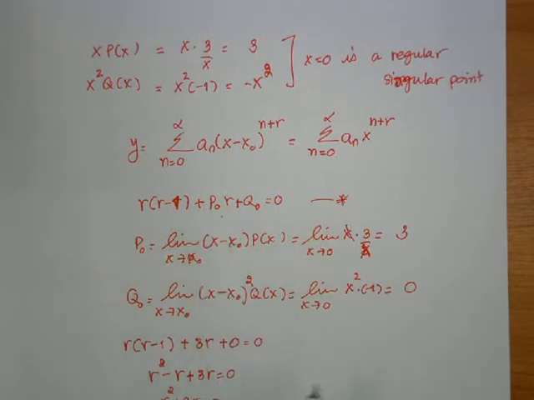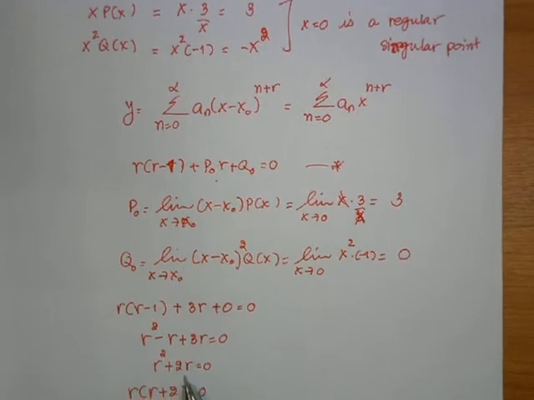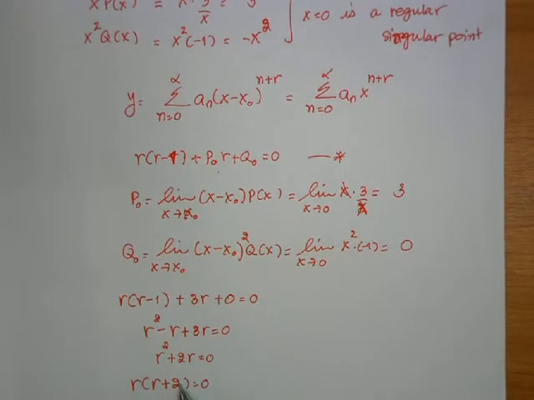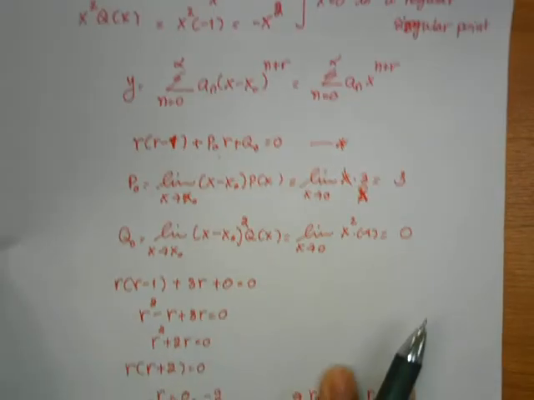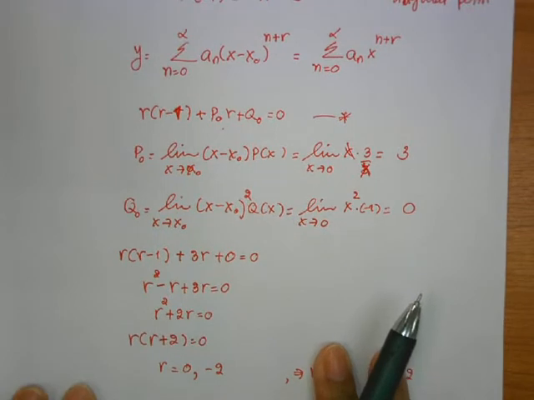From that, you can find two values of r, which is r equal to 0 and r equal to minus 2. Which one is r1? R1 is always the one which is the greater number.